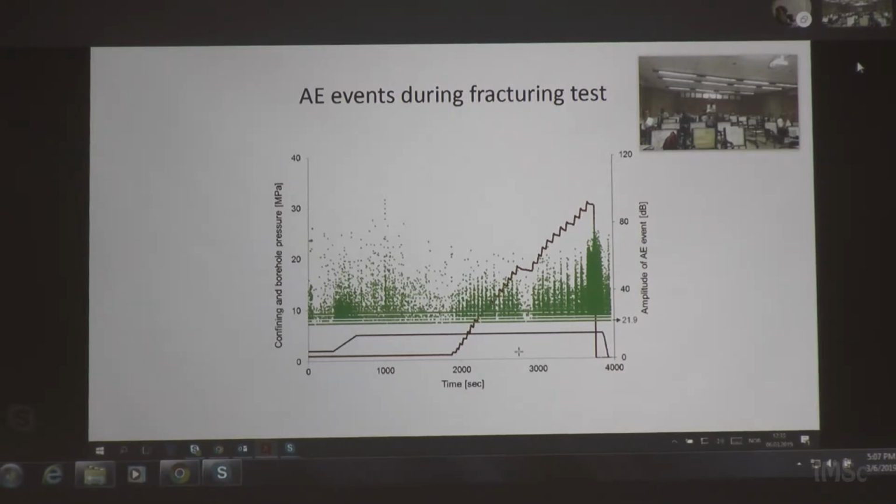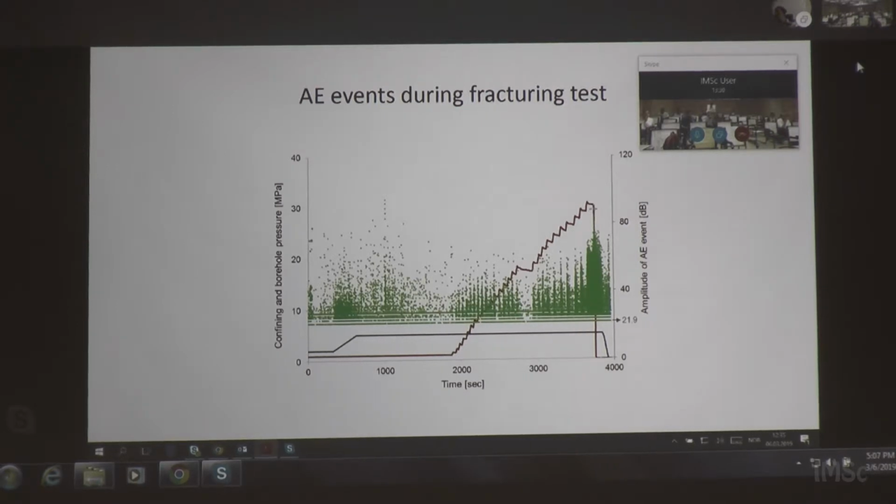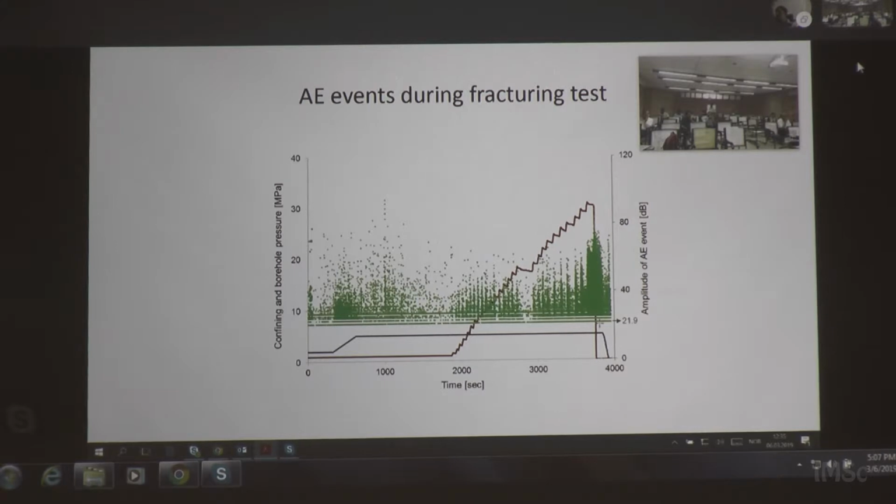At the final stage, when there is a drop in the red curve, the drop means a fracture opened up and connected the borehole to the confining area. So there is a sharp drop of the stress, and there you can see a lot of acoustic events, high in amplitude and quite dense. The main fracturing is happening where the red curve shows a sharp drop.